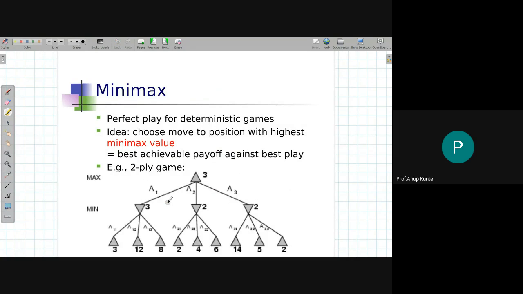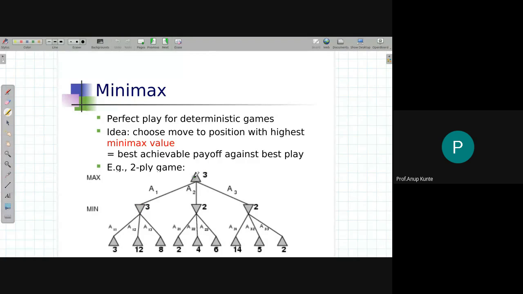Consider a hypothetical game which involves two players, which starts with this particular node, a max node. The max level is shown by an upward triangle, and the min level is shown by a downward triangle.